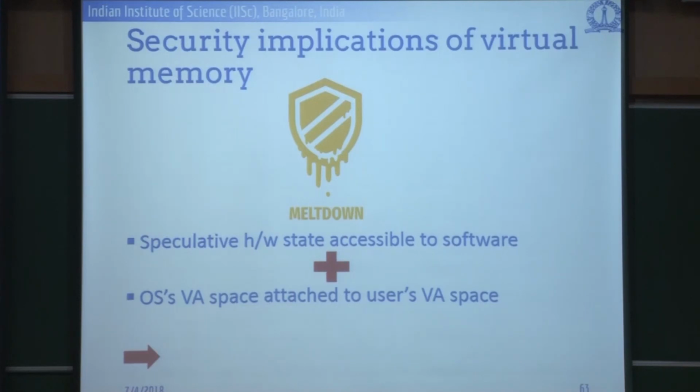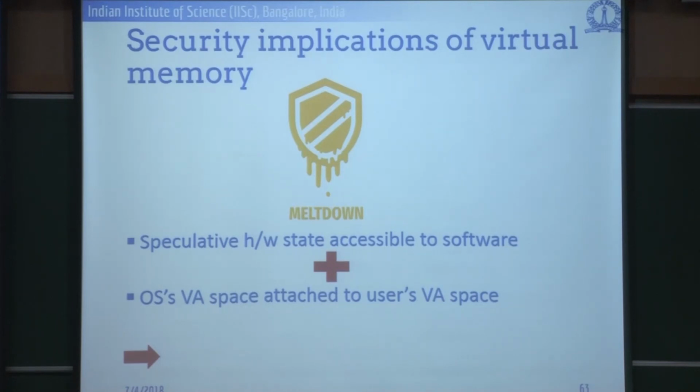If the kernel is attached back to back with user space, you don't have to pay this cost. That was a performance optimization that the kernel folks did. Guess what? It bit back badly.